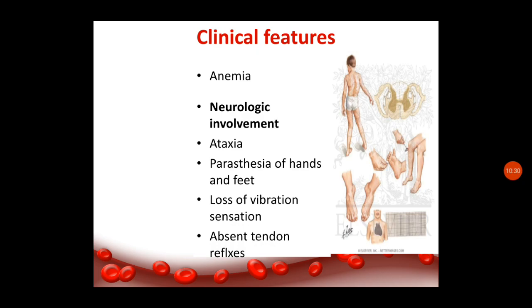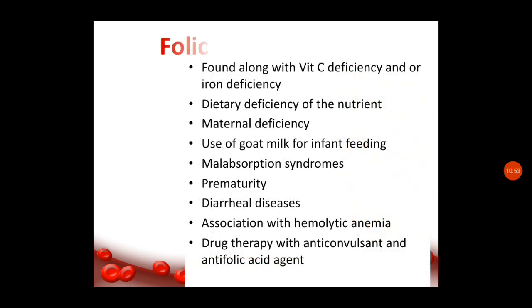So these indicate involvement of the neurological system, and that is because of vitamin B12 deficiency. So in megaloblastic anemia, if these manifestations of neurological involvement are seen, then we have to suspect vitamin B12 deficiency. Hope you all are clear.